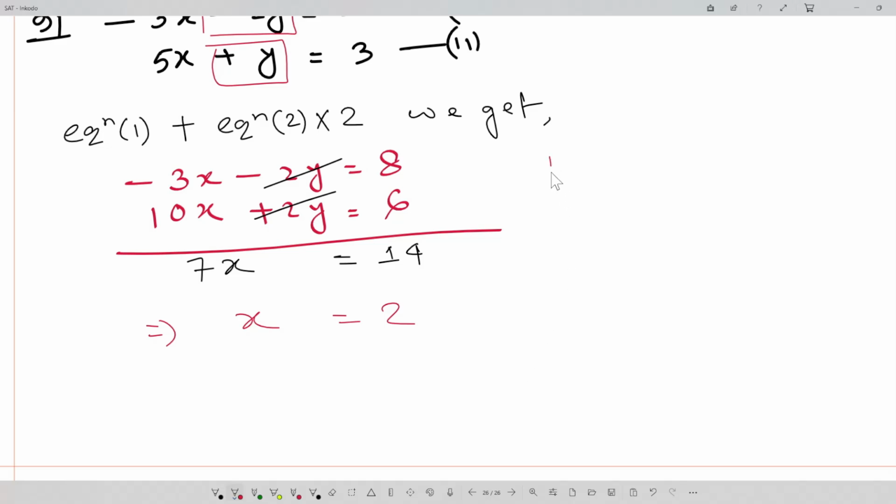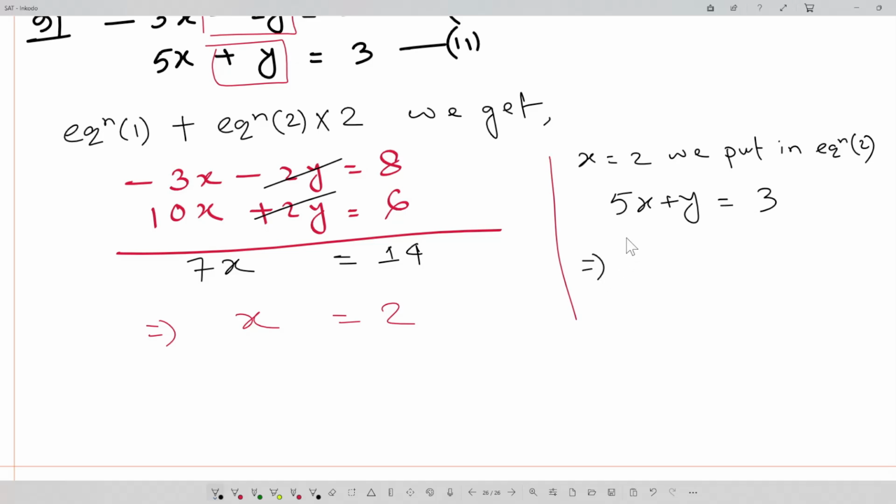That is one answer. Now we put this value x equals 2 into equation 2, right? So 5x plus y equals 3, then 5 times 2 plus y equals 3, then 10 plus y equals 3, right?